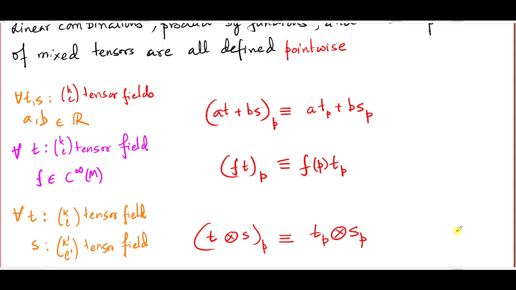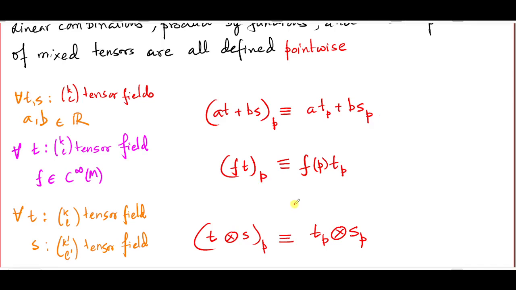And because we know how to linearly combine mixed tensors, multiply mixed tensors by numbers, and form direct products of mixed tensors, we essentially know how to form the corresponding results for tensor fields. Notice that when you multiply a (k, l) tensor field T by f, a smooth function, the result is a new (k, l) tensor field whose value at the point P is given by the value of the function at P times Tp.